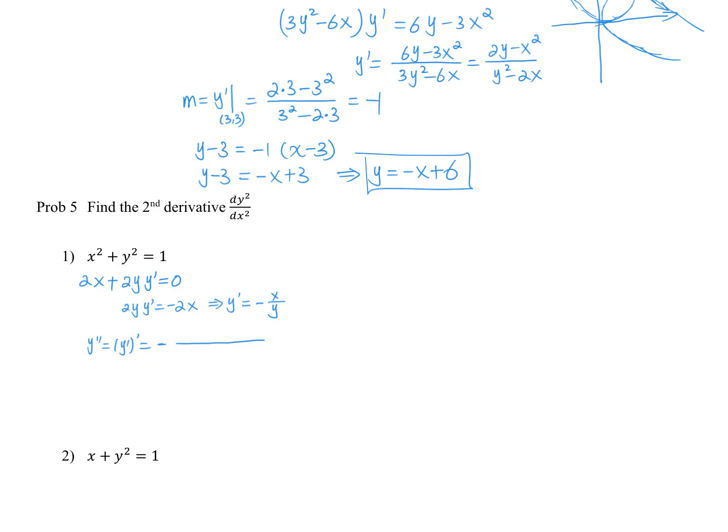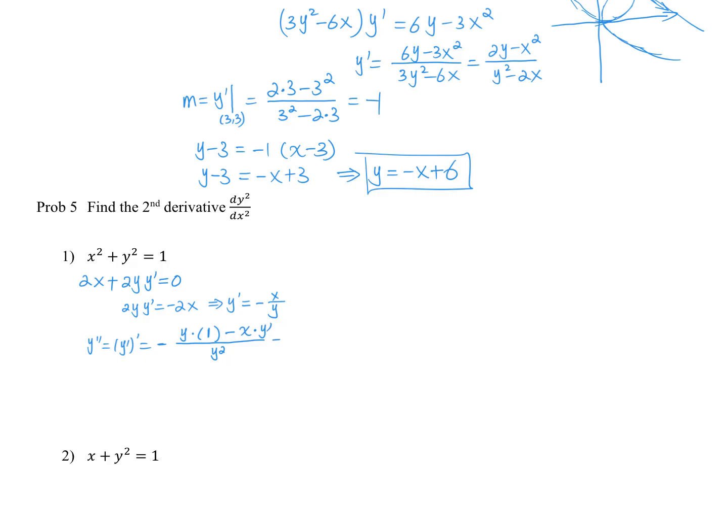And the quotient rule says in the denominator, it's the square of the low function, y squared. On top, we have low d high, the low function times the derivative of the high function, which is the derivative of x, and it is 1, minus high d low, right? x is the high function times the derivative of the low function, which is y. So the derivative of y is y prime.